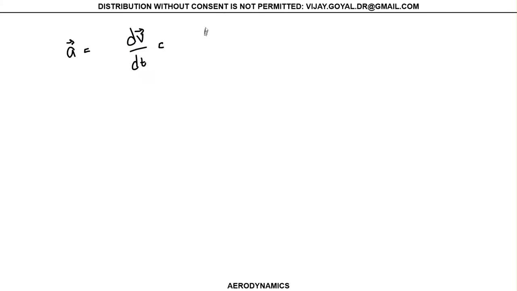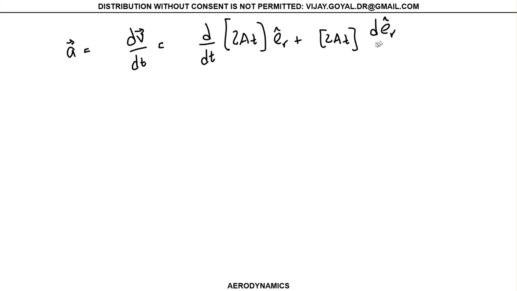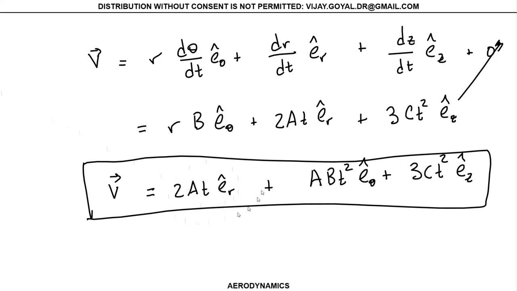So it will be the derivative of the first term, 2 times at er, plus that term, 2at times the derivative of er with respect to time. That is your first term.